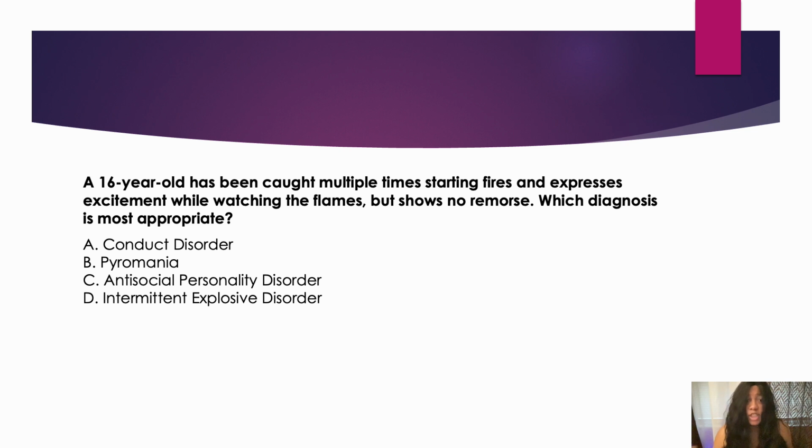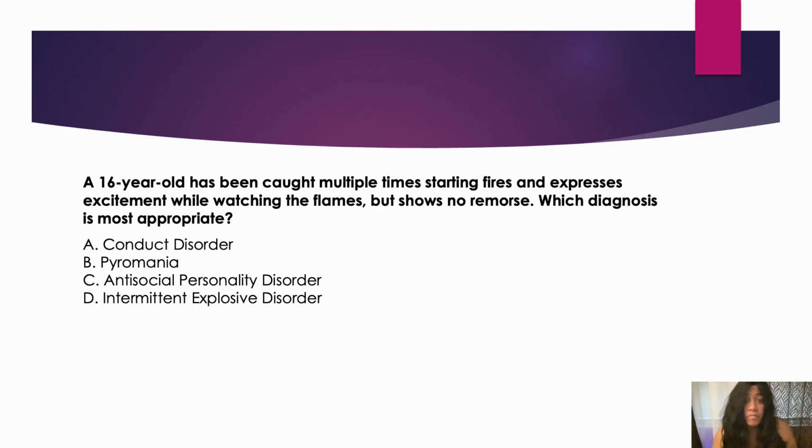Which diagnosis is most appropriate? Alrighty, now, conduct disorder. The problem with conduct disorder is, in conduct disorder, they do like starting fires. The person does like to start the fires, but they sometimes feel guilty, and they show just a little bit of remorse afterwards, right? So A can't be right.